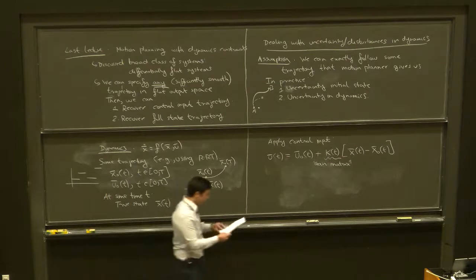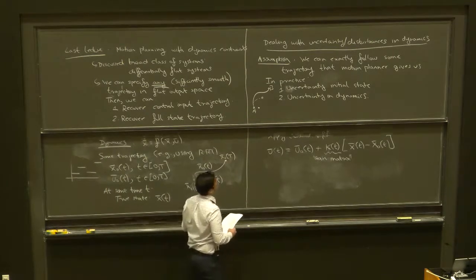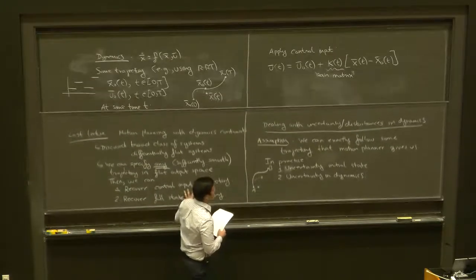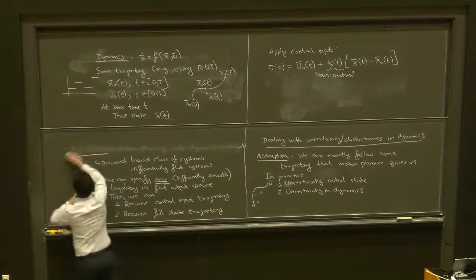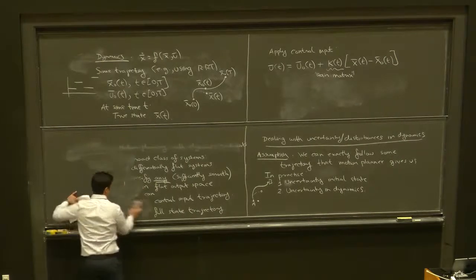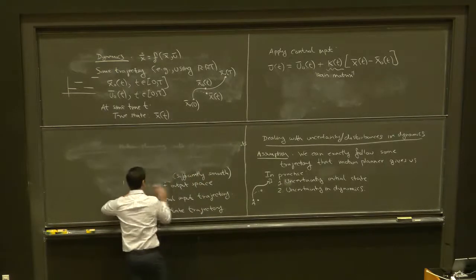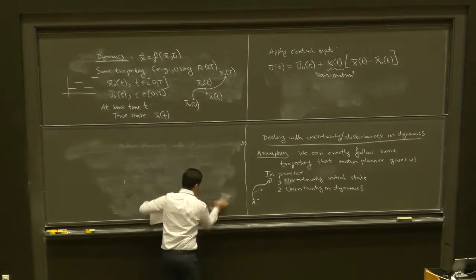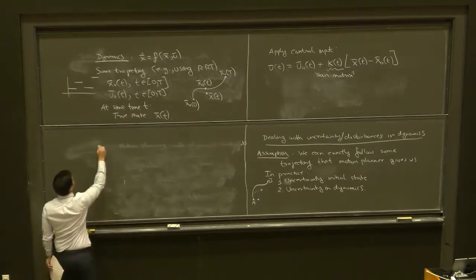Okay. So how do we find this K of t? We're going to use a technique that's a variant of the LQR technique that we introduced a few lectures ago. This is going to be called time varying LQR.